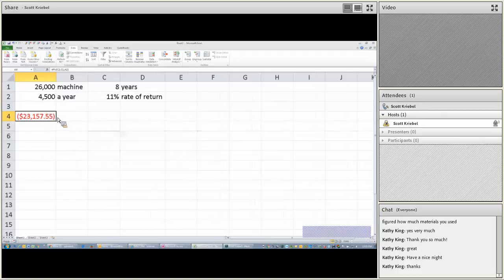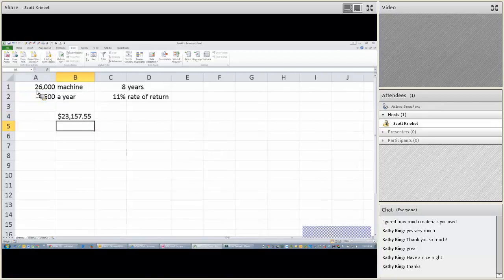So here we've got our present value, and we can make this negative so it shows a positive amount, $23,157.55. If this is our present value of those cash flows, and we are going to invest $26,000, we need to know, what's the net present value?